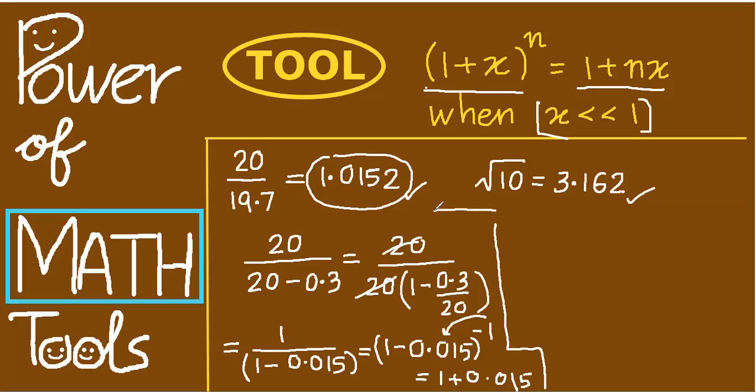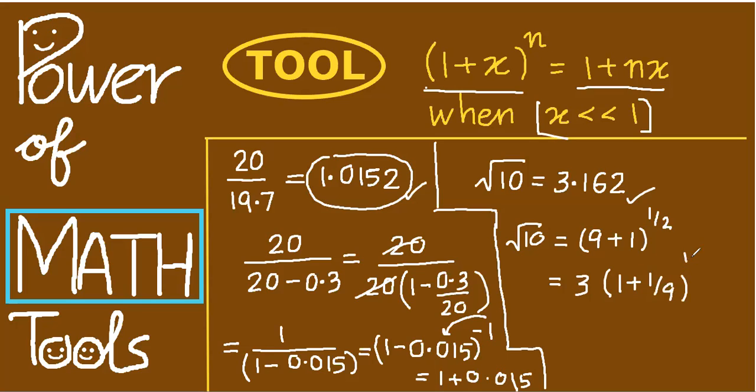Now let's try our hand at another. Let's take the square root of 10. We all know that 10 is very close to 9. So why not write this? Root of 10 is equal to (9 + 1) raised to the power half, right? Now you take 9 common, you'll get 3, then you get something like (1 + 1/9) raised to the power half.